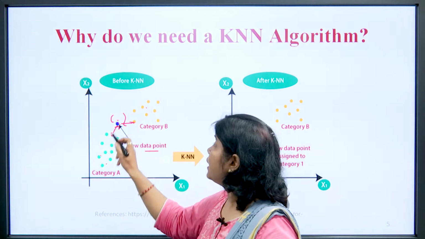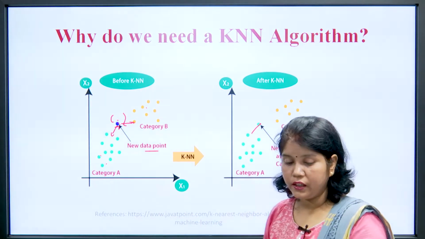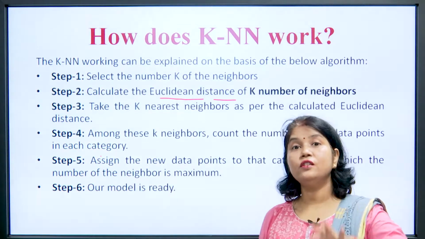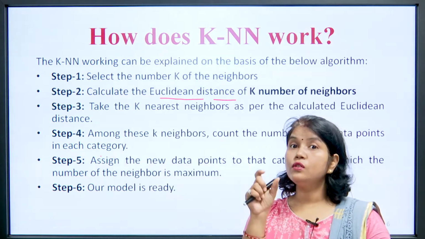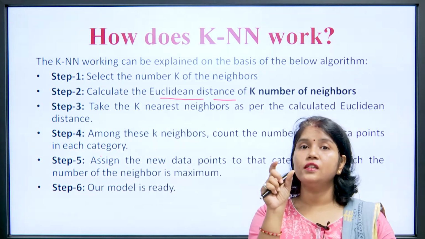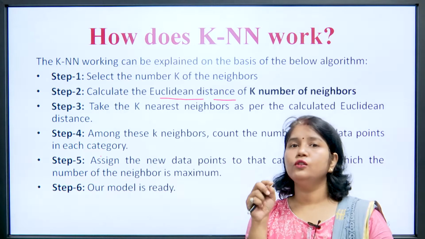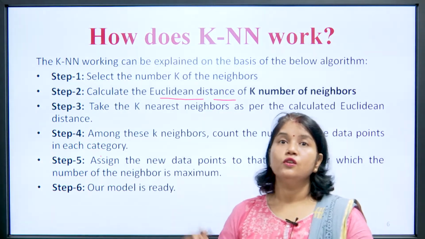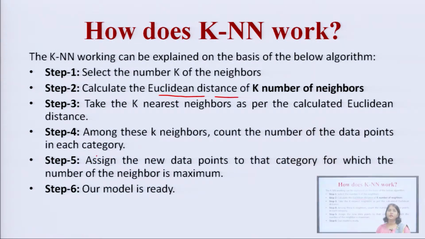With that you will find the Euclidean distance, and on the basis of Euclidean distance, the data sets having the smaller distance, in that category you will put your new data set. So, what are the steps required for the KNN algorithm? These are the steps that are required.